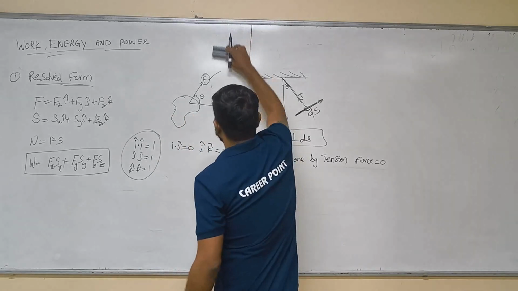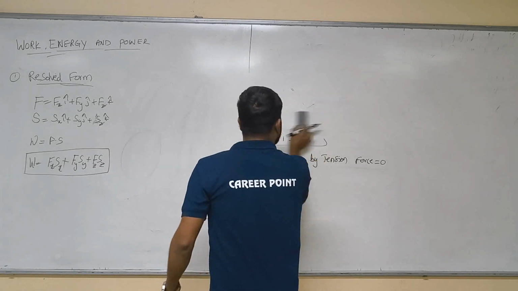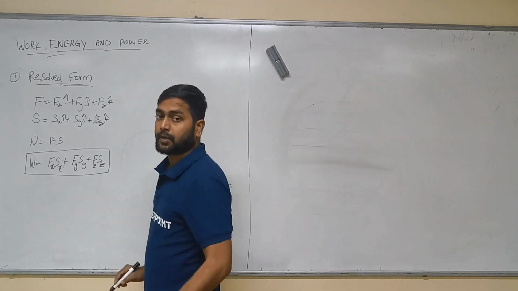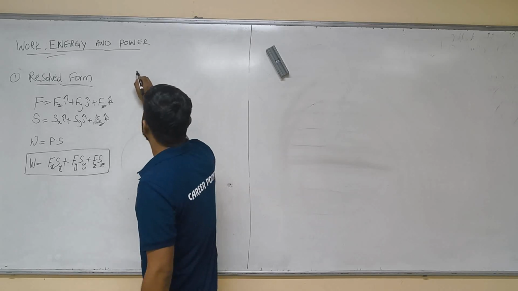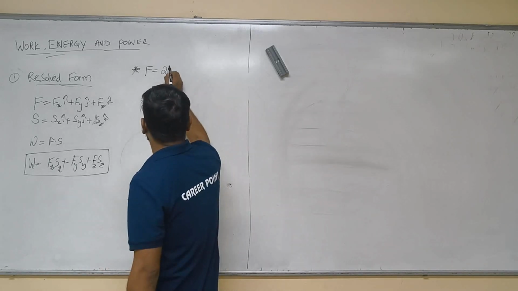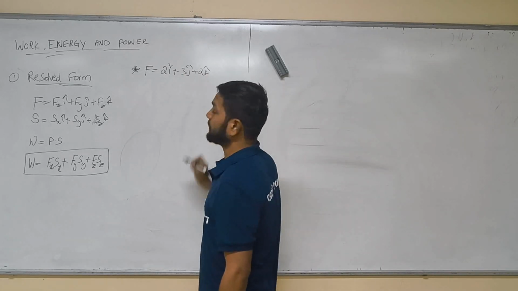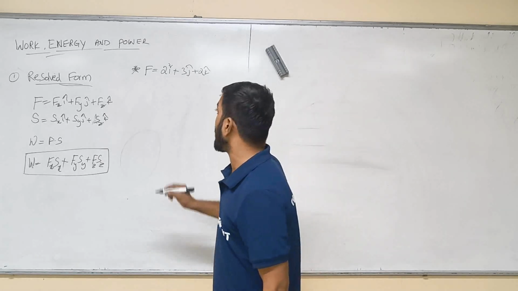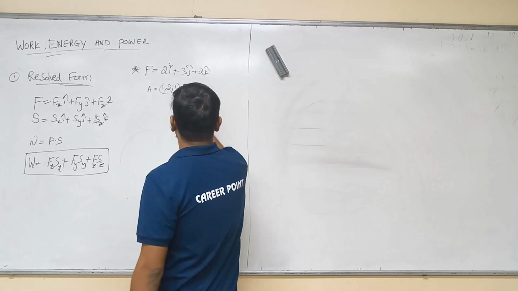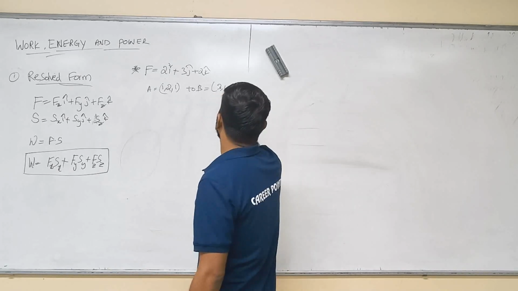Okay, let us take an example. Let us take a force F that is equal to 2 i cap plus 3 j cap plus 2 k cap applied on a body from a point A that is equal to 1, 2, 1 to B that is equal to, here I would like to take 3, 4, 3.